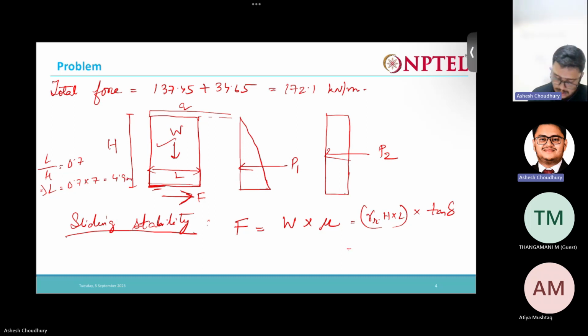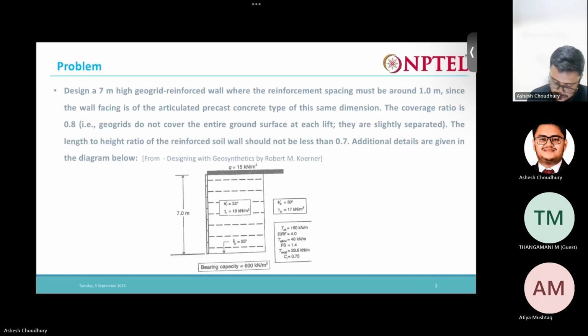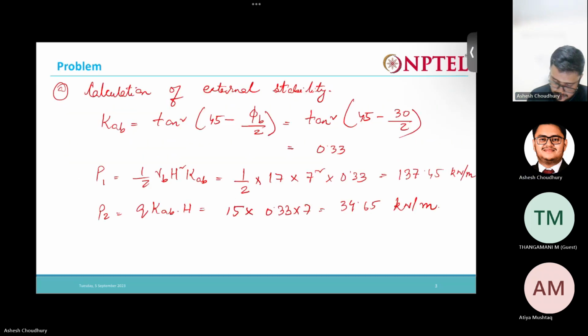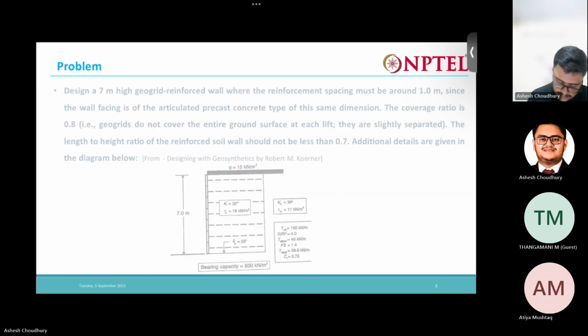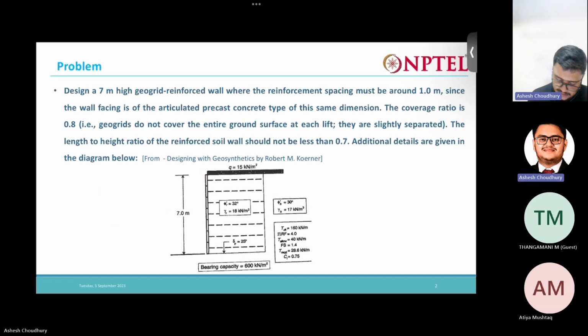Okay. So what is gamma R? 18. So 18 into H into L, times tan delta. How much is delta? It is 20.